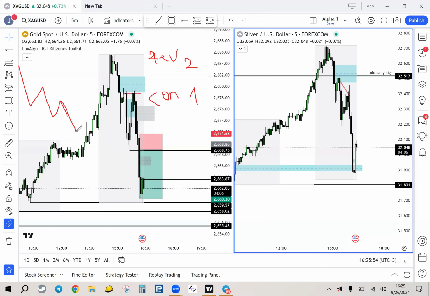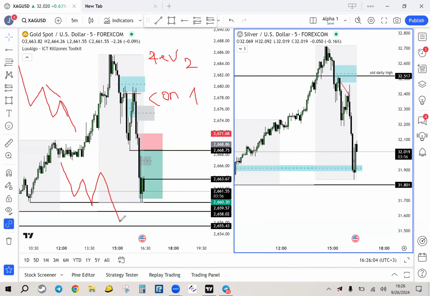In this case, if your market is bearish, you have gold creating lower highs, and silver creates a higher high. In this case, you don't necessarily want silver, after going above that high, to create a fair value gap on this price leg, because you're not trading silver.